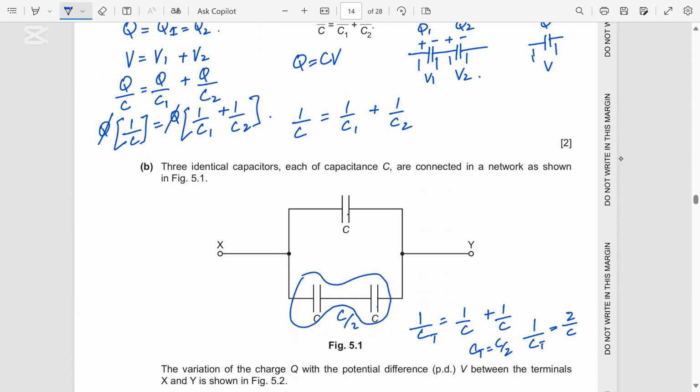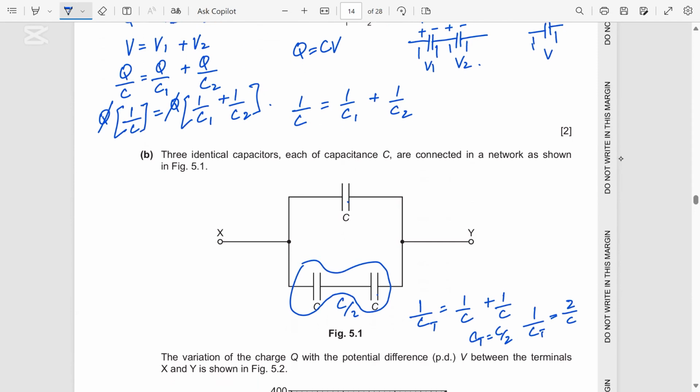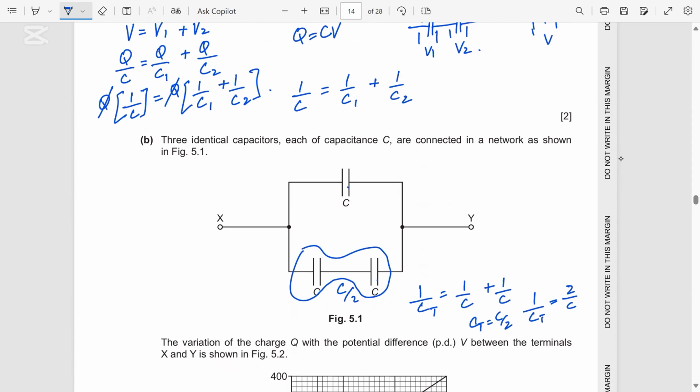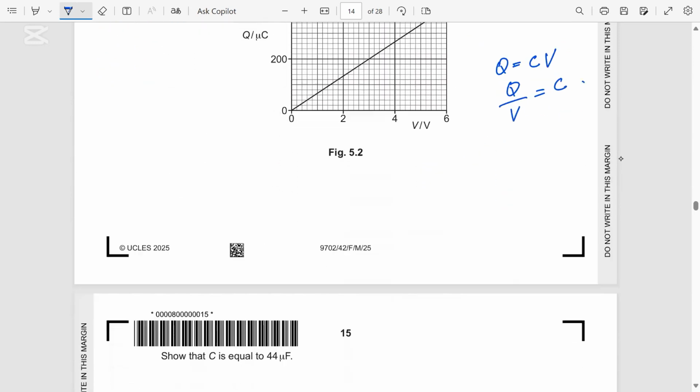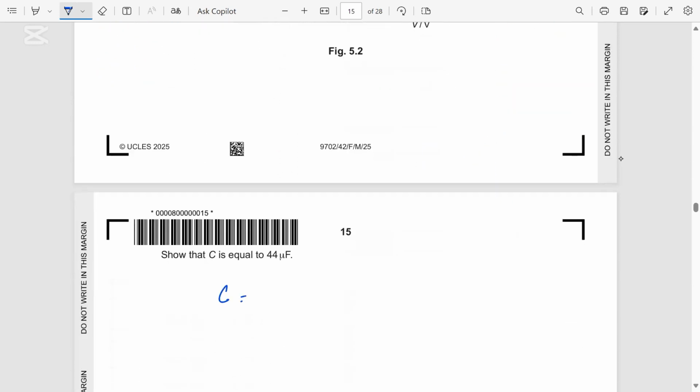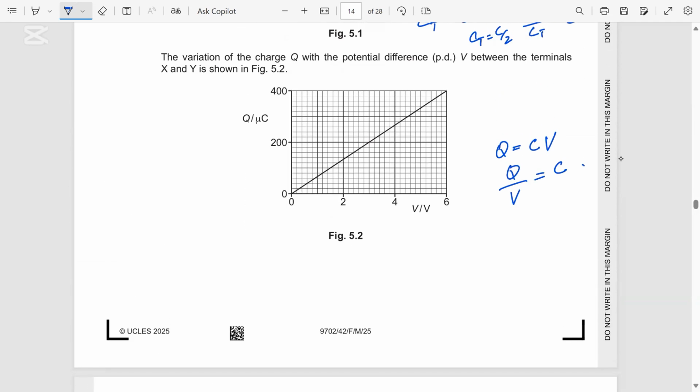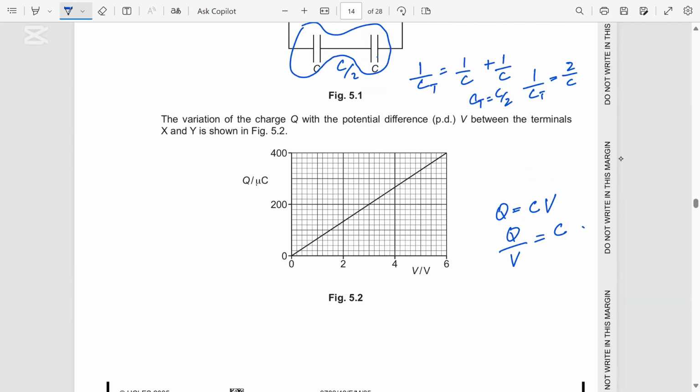And you know that this C and this C by 2 are in parallel. So the total capacitance, since in parallel, you know that they're simply added. Capacitance is going to be C plus C by 2, which is equivalent to 3 by 2C, right? Also, if you look here very closely, the gradient of this is going to be 400 times 10 raised to power minus 6 over 6.